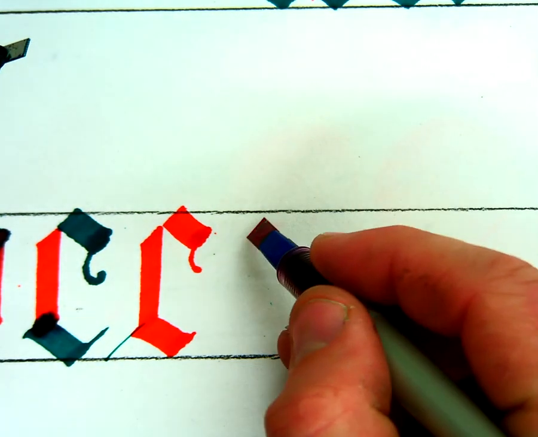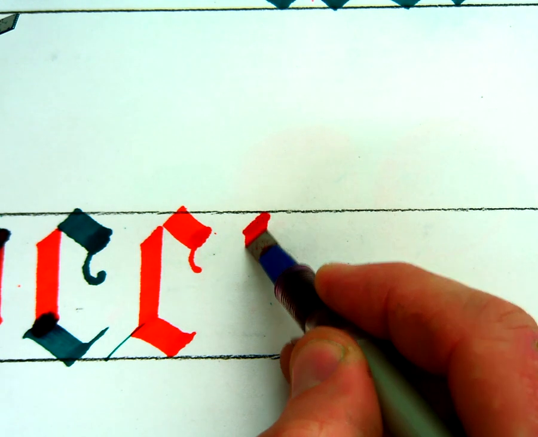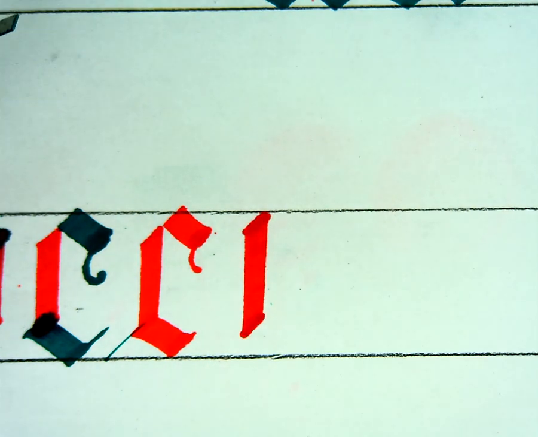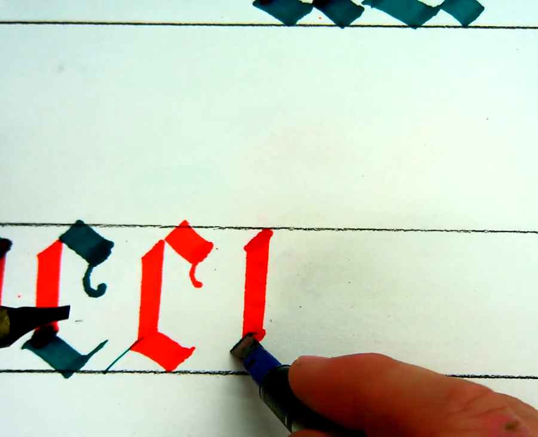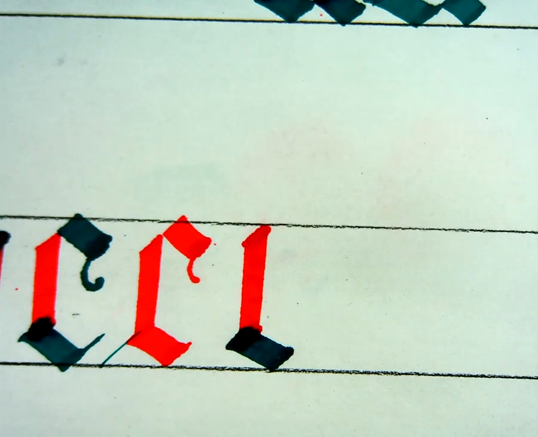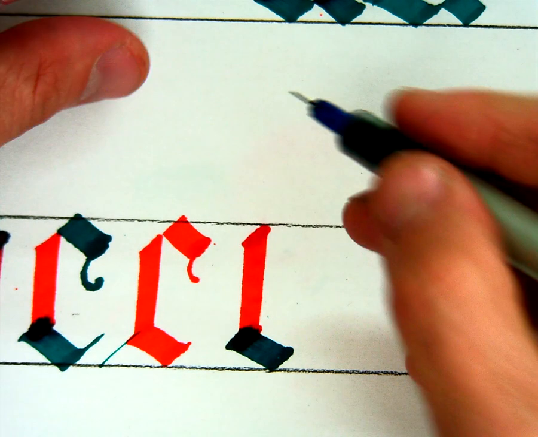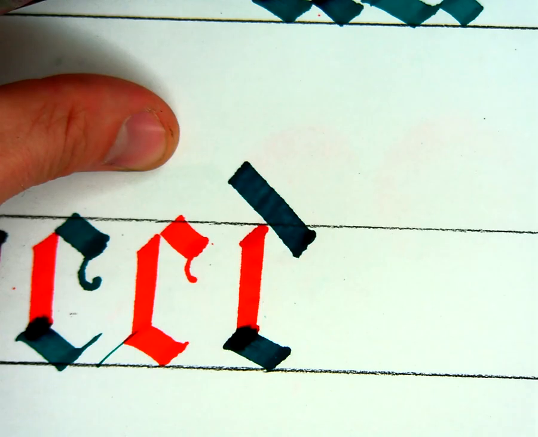The D is different. We're going to start on the waistline, but we're going to float above the baseline. Okay? Second stroke is going to be an elongated diamond. Not short, but elongated. Here's one variation. This third stroke could be straight, like so.